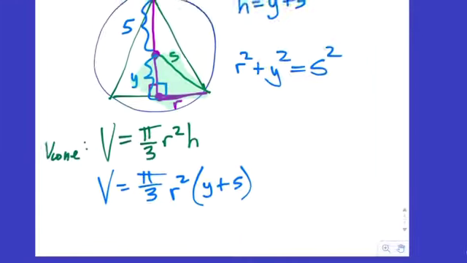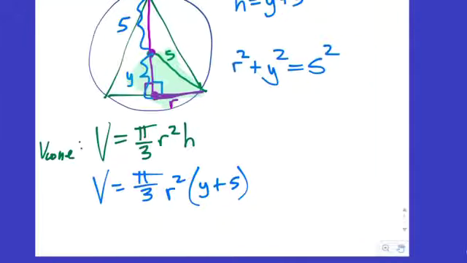All right, so now we have a function for the volume in terms of r and our y, which we have labeled, and we have a relation over here involving the constraint of 5, relating the two variables r and y. We could solve for any variable we want, so long as our primary equation for volume is in terms of one variable, either r or y.